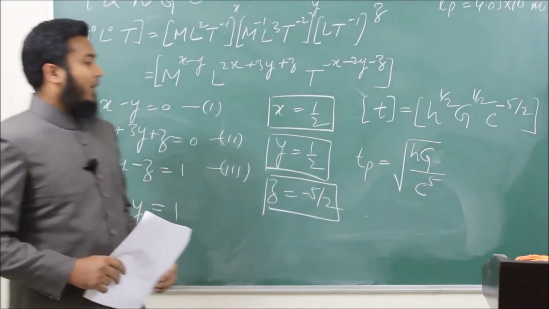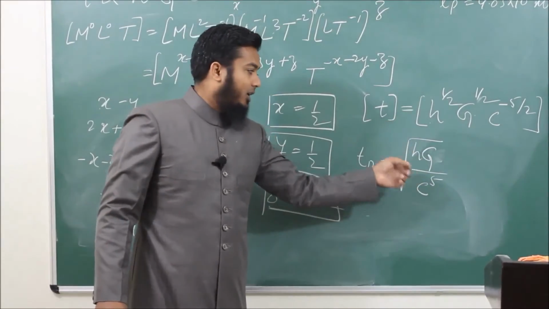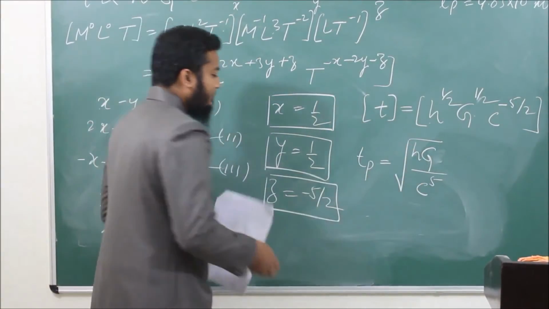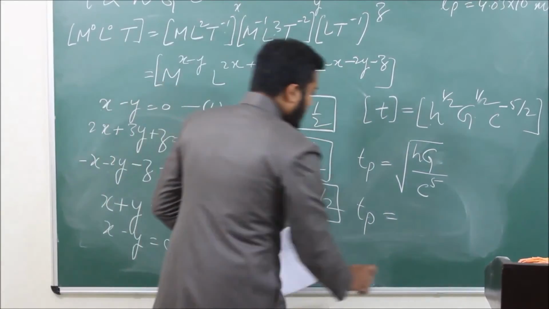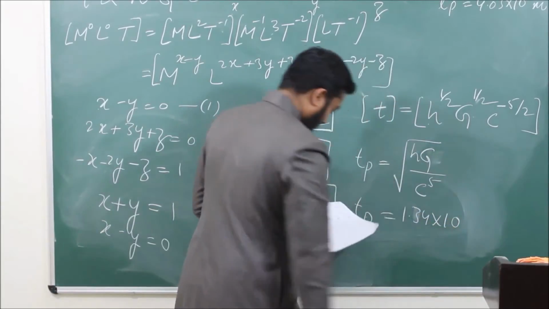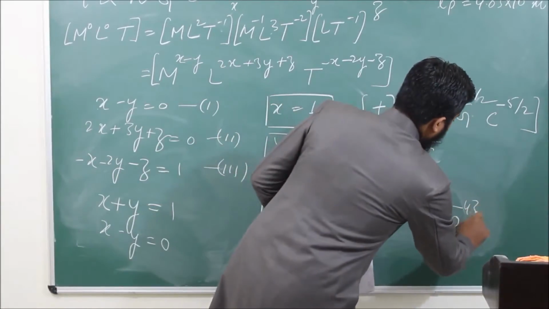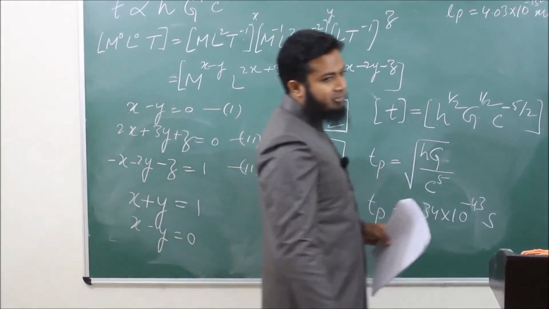So Planck time is the square root of hG over c raised to the power 5. Now, if you plug in the values, the Planck time comes out to be 1.34 into 10 raised to the power minus 43 second. A very tiny time.